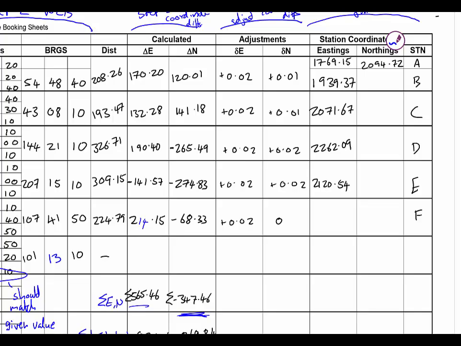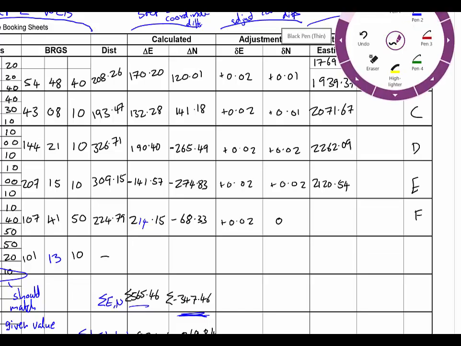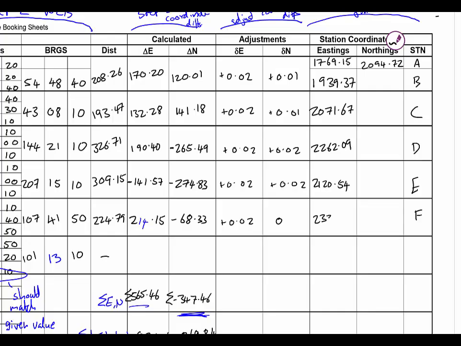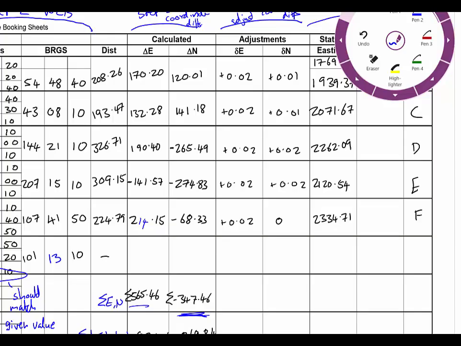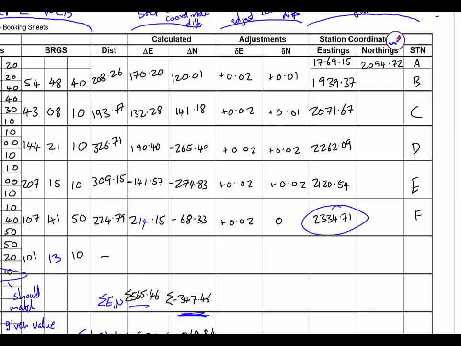Plus 214.15 plus 0.02, and then we get 2334.71, which is our coordinate for the Eastings at station F. And that's given in the question.